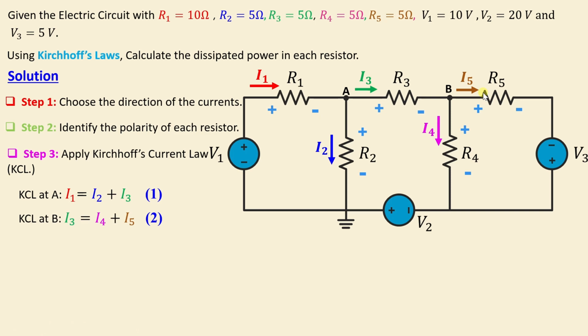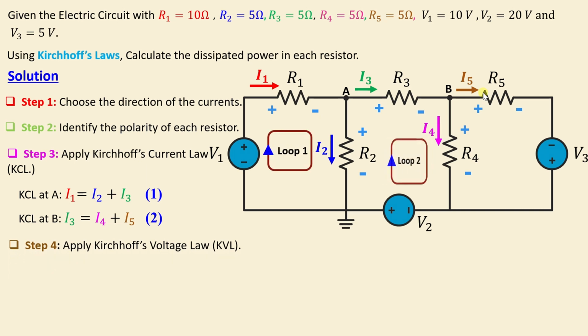After we finish applying Kirchhoff's current law, we go to step number 4, which is to apply Kirchhoff's voltage law, KVL. Before we start applying KVL, let's choose the different loops we are going to use here. This is loop 1, this is loop 2, and this is loop 3.